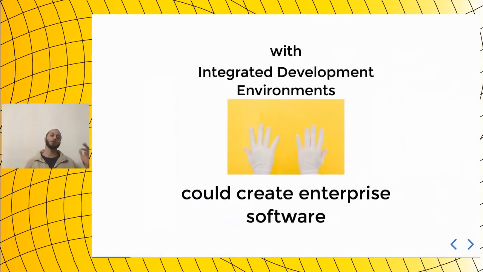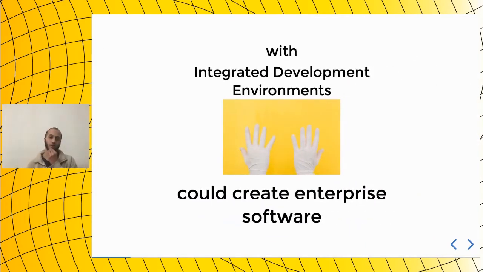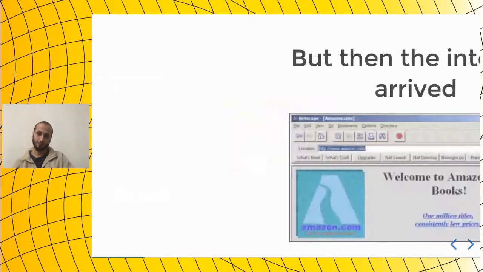So essentially, Turbo Pascal allowed anyone with a single pair of hands to build enterprise software and sell it. This is a remarkable fact because nowadays I don't even think it is possible for a single pair of hands to build enterprise software.